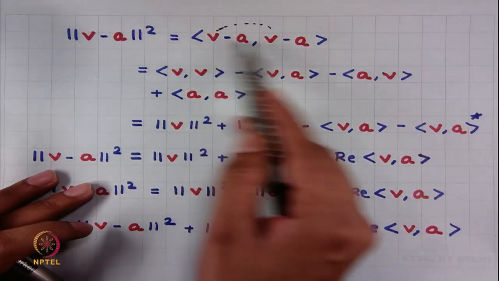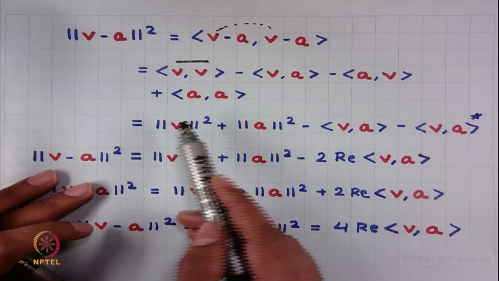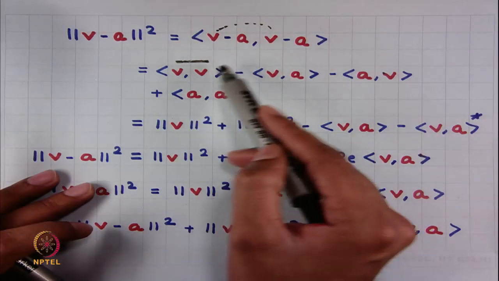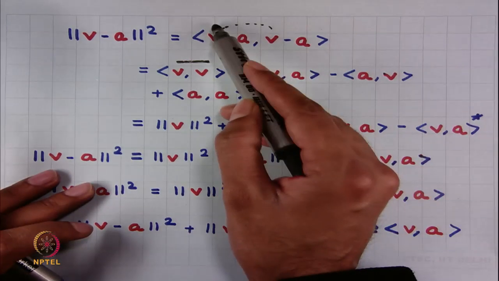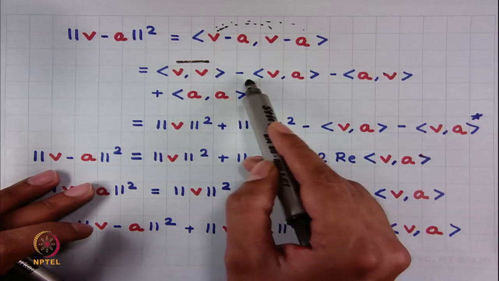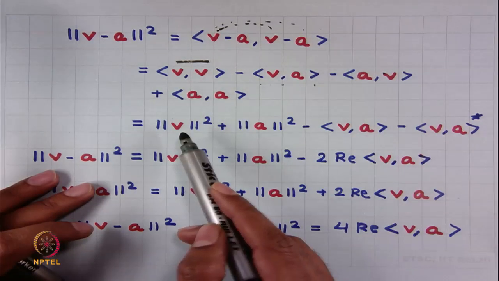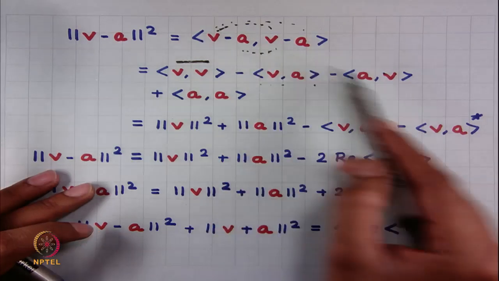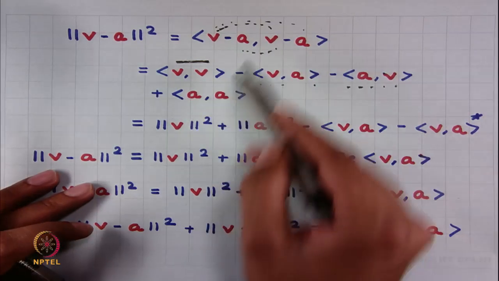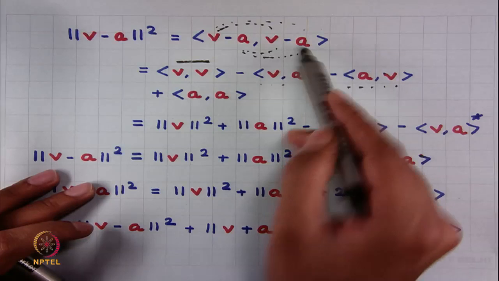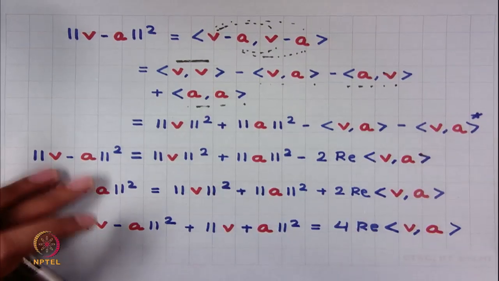You multiply this with this, you get this. Then you can multiply v with minus a and we get this term. Then we can multiply this with this, we get this term. Then we can multiply this with this, we get this term.